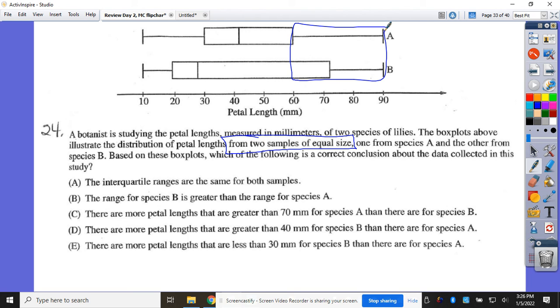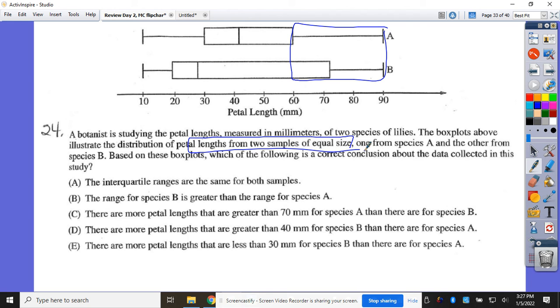If this statement were not there, I could not say there are more here than there are here. I could just say higher percent as opposed to more. Does that make sense? There will be problems that do not include this and throw you off because of that on purpose. So this is extremely, extremely important. But now that it has that, it makes it easier on us.